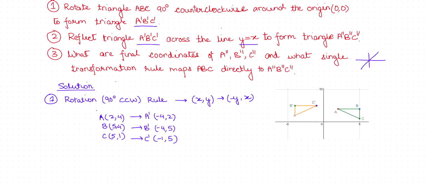Here we can see the triangle is rotated 90 degrees counterclockwise. The line AB was horizontal, and here it has moved 90 degrees counterclockwise. In the same way, BC was a line like this, and it has moved 90 degrees counterclockwise, and so has AC.